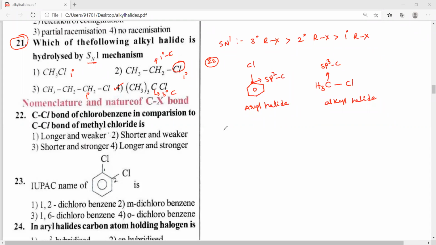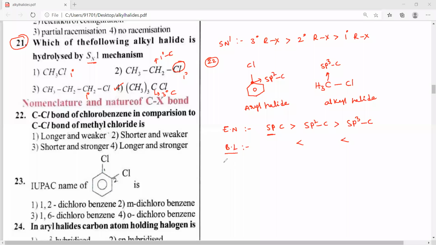The electronegativity of sp carbon is more than sp2, and then sp3. So with more electronegativity, the bond length is shorter. sp3 carbon has more bond length compared to sp2 carbon, and then sp carbon.